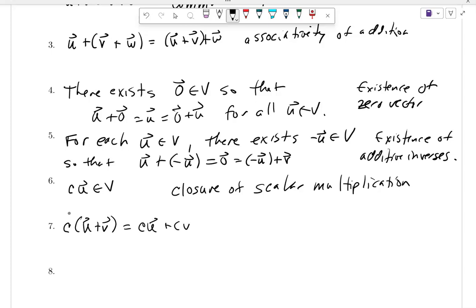Yeah, distribute to both of them, good. Or if I add my 2 scalars and then multiply, you'd also like that to distribute, wouldn't you?